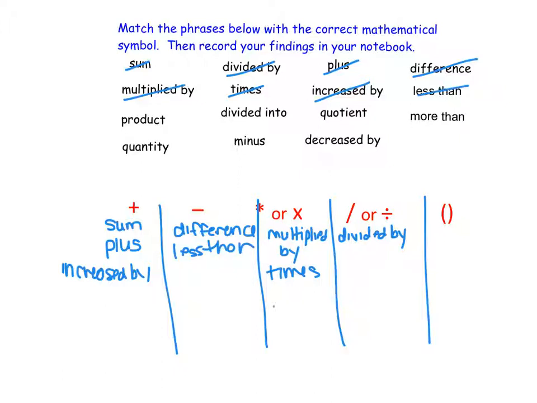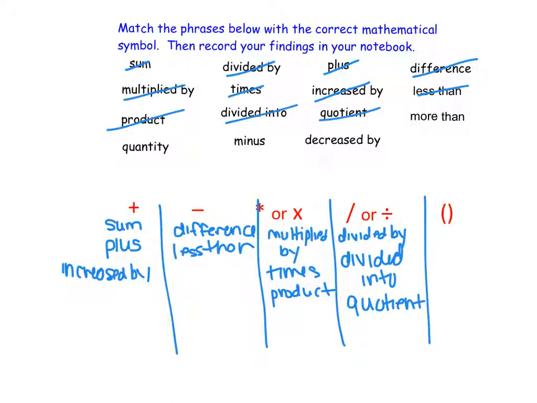Product is a fancy way of saying multiplication. Divided into, another one that's kind of given away in its name. Quotient is a fancy word for division.